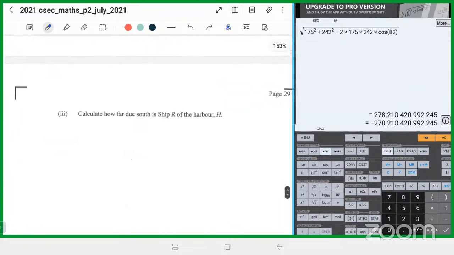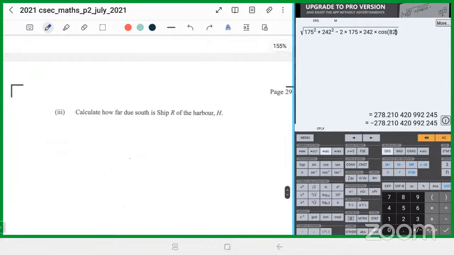It says, how far due south is ship R of harbor H? This one is a little bit different. In other words, from H to R, how far south is the distance?